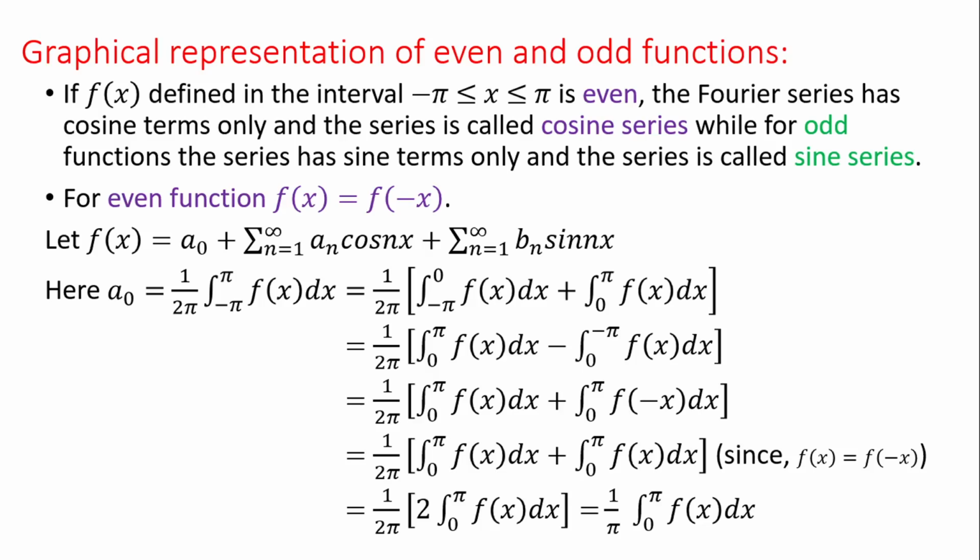That is 2 into integration 0 to pi f(x) dx multiplied by 1 by 2 pi. Finally, a0 is equal to 1 by pi [integral] 0 to pi f(x) dx. This is how a0 is evaluated for even function f(x).